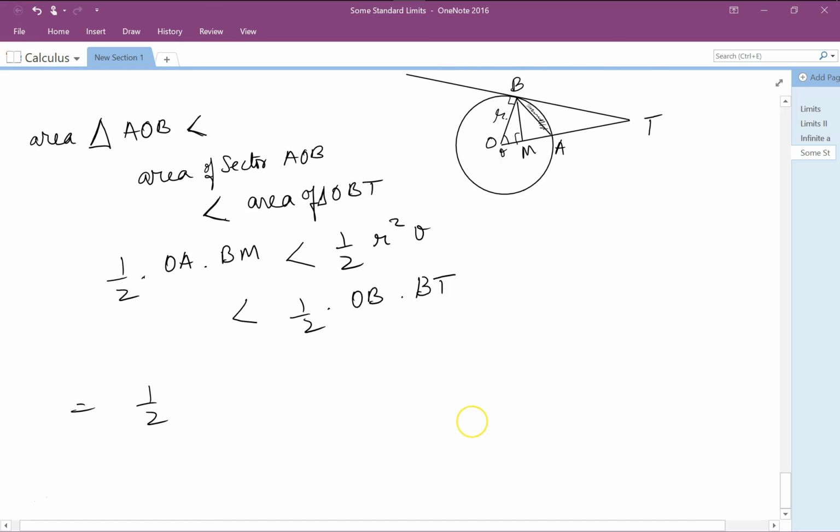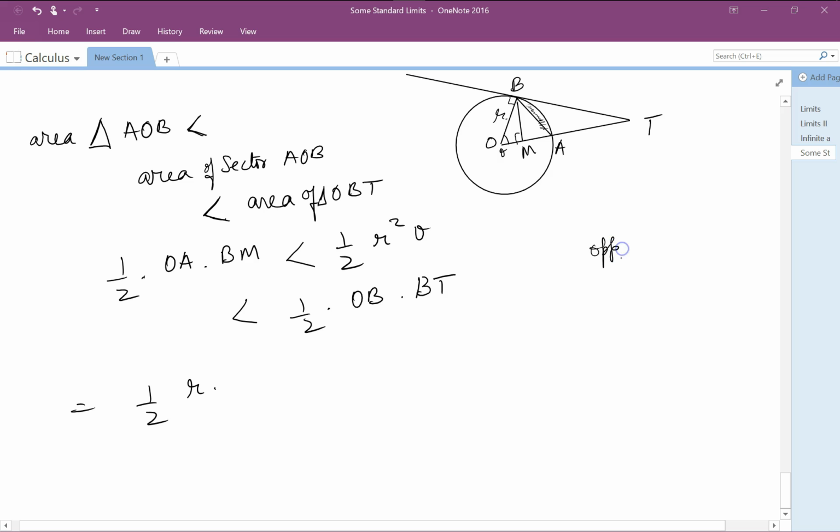Now let's rephrase these terms. OA is nothing but the radius. BM is what? Because we have theta, we need to convert it into trigonometric functions. BM is opposite to theta.